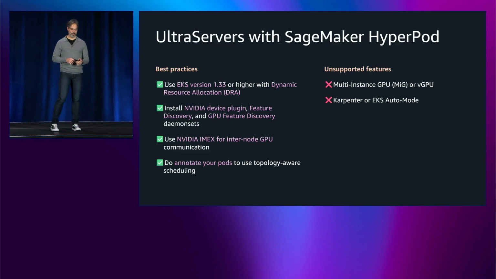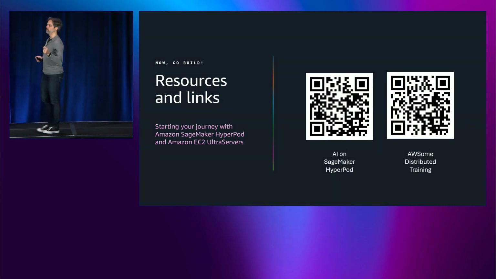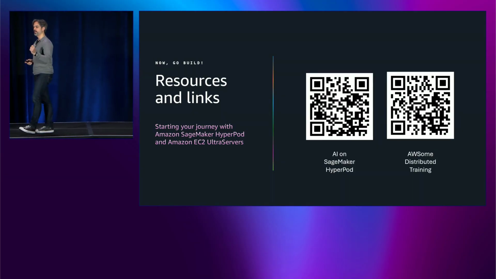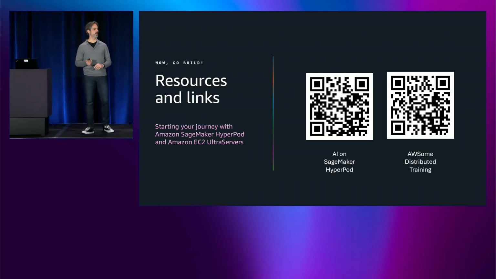The other thing I wanted you to do before leaving this session: you can get your iPhones or mobile phones and scan those QR codes. The first one, AI on SageMaker HyperPod, is a repository we created with a lot of instructions on how to put all of those features together easily and quickly, so you can speed up the deployment of those clusters on your AWS account.